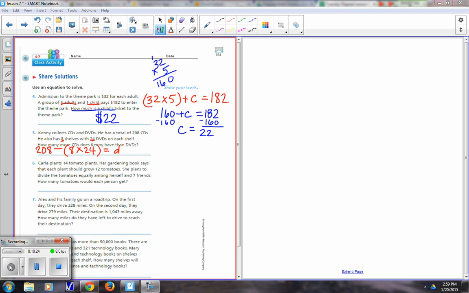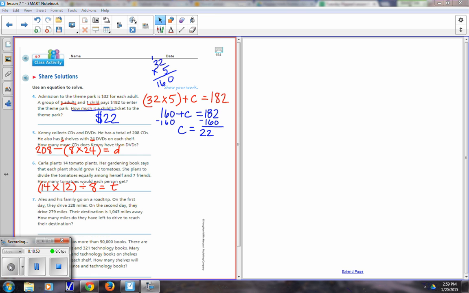So if she does 14 tomato plants, and each one is supposed to produce 12 tomatoes, we have to figure out how many tomatoes she's going to get before we know what she's going to divide. Then we're going to divide them by 8, because that would be herself plus 7. And we would figure out how many tomatoes each person would get.